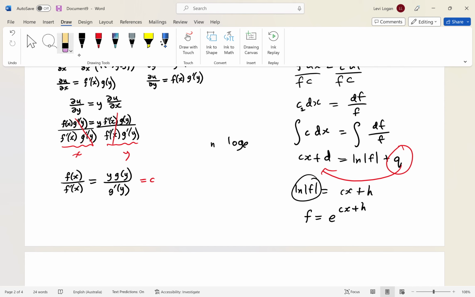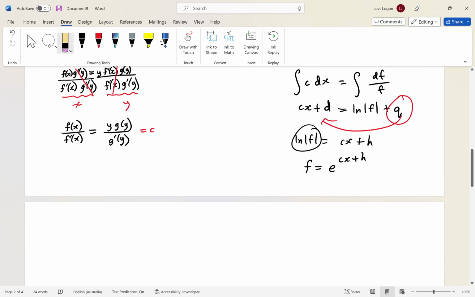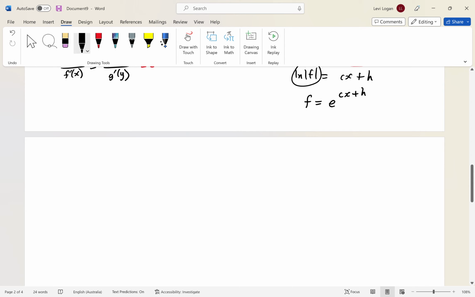So that's using a log law, and I've actually run out a bit of room, so I'll just write this down here. f is equal to e^(cx+h). Now recall, using our index laws, a^(m+n) is equal to a^m times a^n.